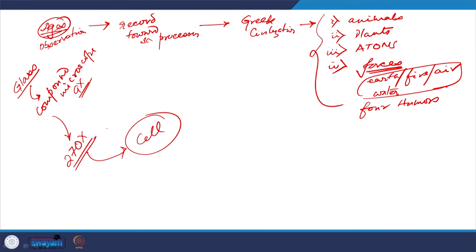People started working on the cell, giving the cell theory which talks about the cell being the basic unit.